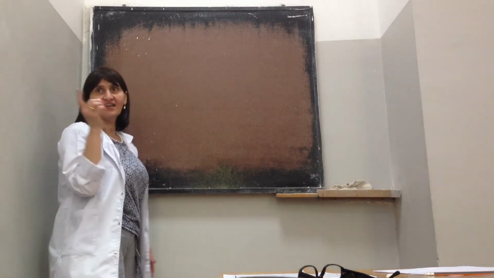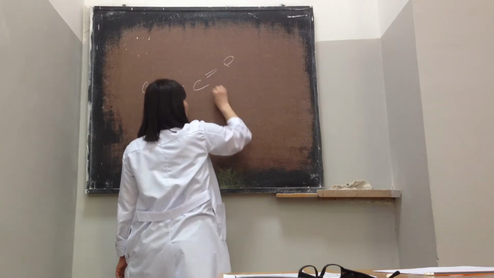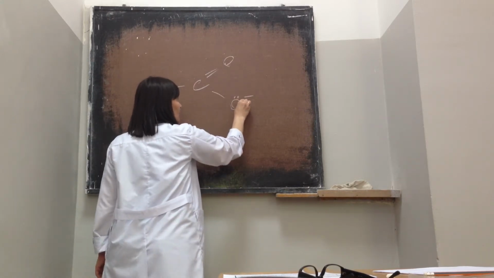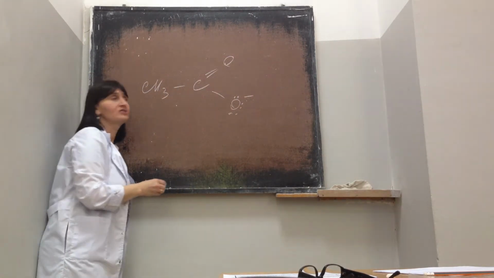Now look, in acetate anion, CH3C double bond O minus, and this oxygen has 2 electrons. For this anion, you can draw resonance structures too.